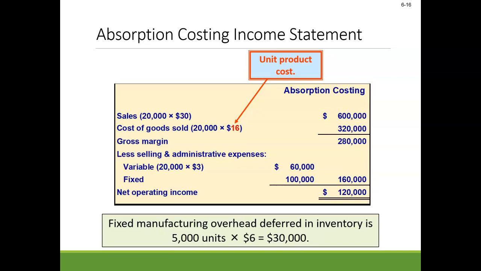Well, if we didn't sell all those goods, we've got some sitting in our ending inventory. So some of that fixed manufacturing overhead is sitting in the balance sheet. Hence why our net operating income is $30,000 higher under the absorption method than the variable method. Does that make sense, guys?